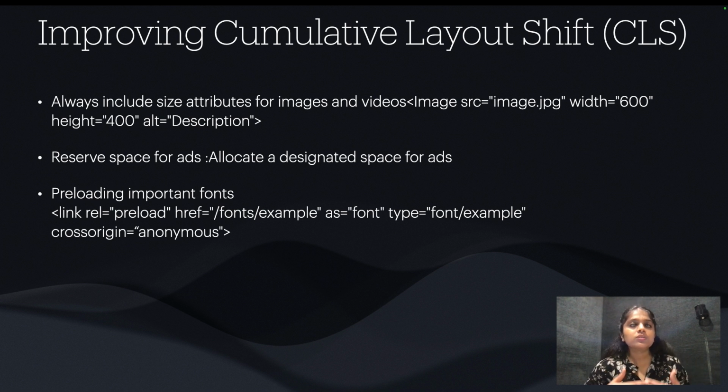And if we know that an ad might get loaded later, after the rest of the website has loaded, then we should reserve some fixed space for that ad, so that it does not impact our content by pushing it, as in the earlier example.